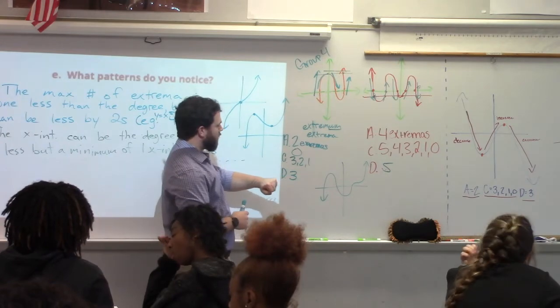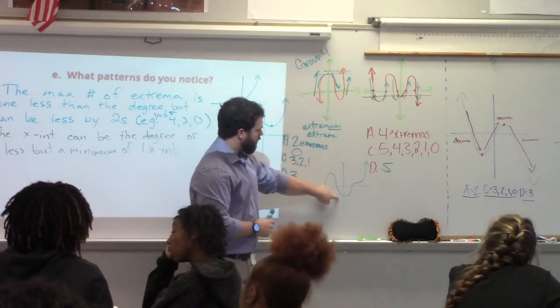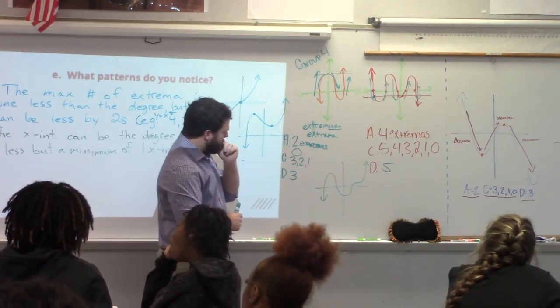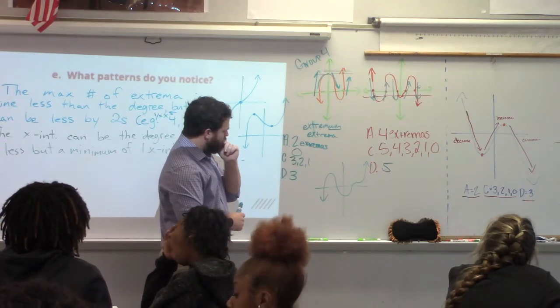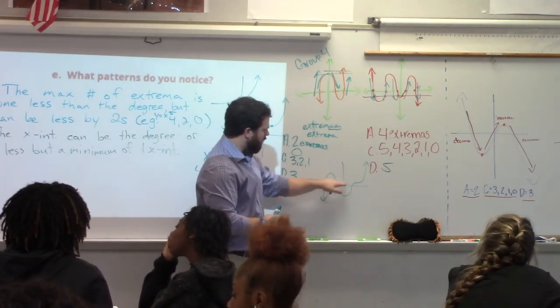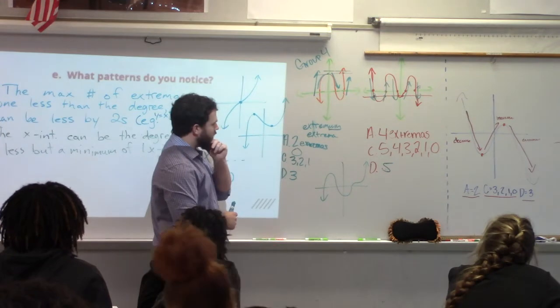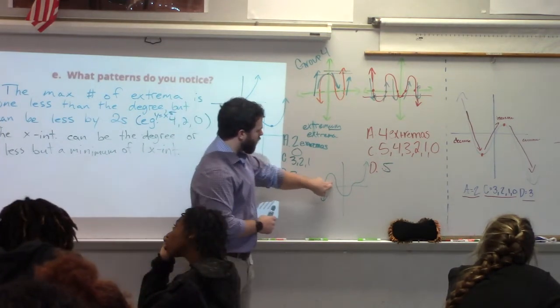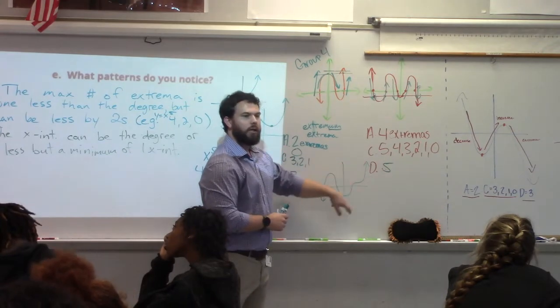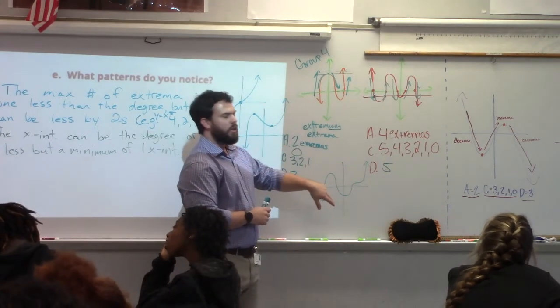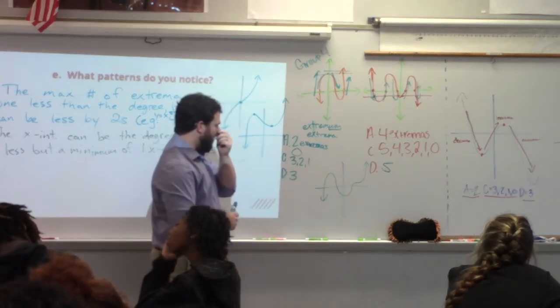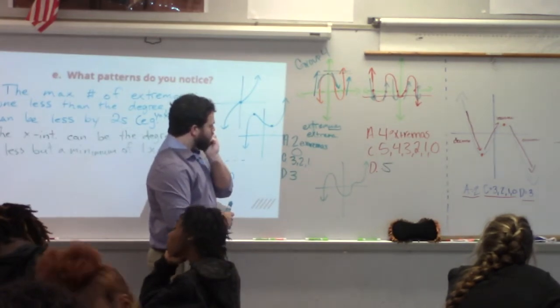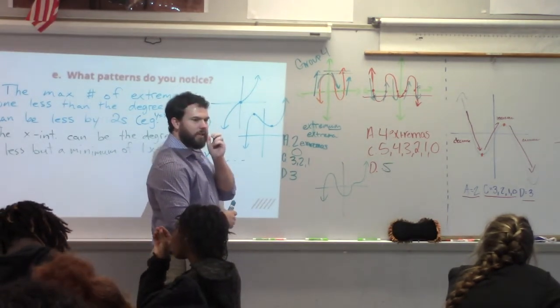But notice here, this would probably be a 5th degree. Yeah, it has to be more than a 3rd because of that little piece there. But when I think about it, there's only 1, 2, 3 intervals of increase and decrease. Does that make sense? What was your statement again?